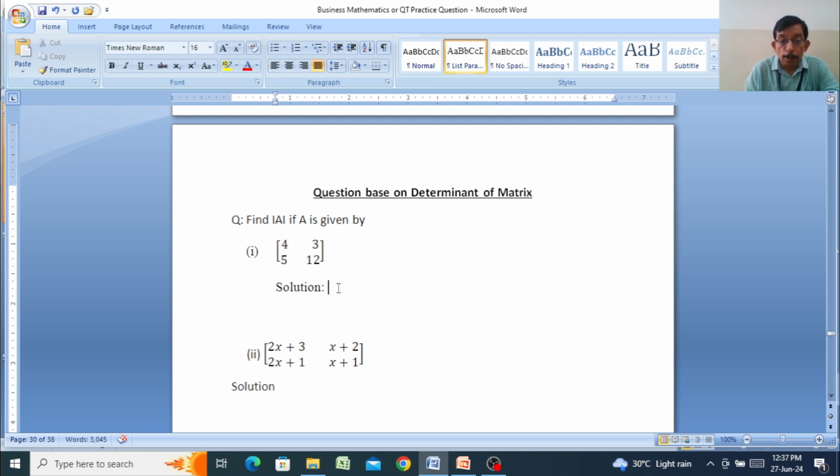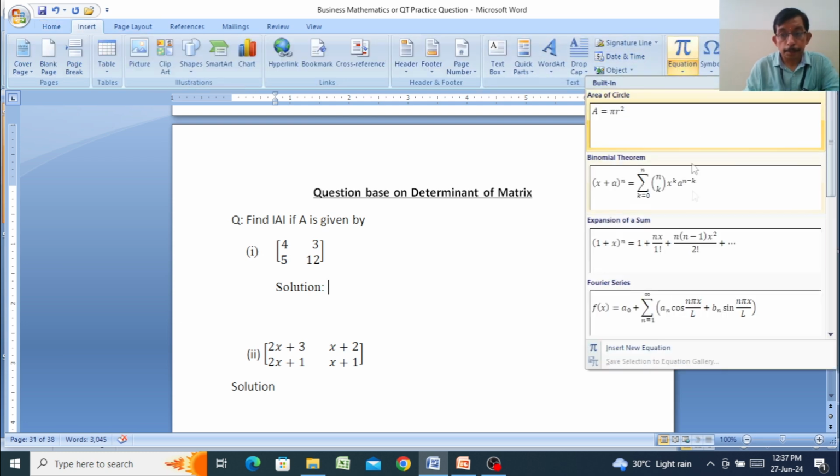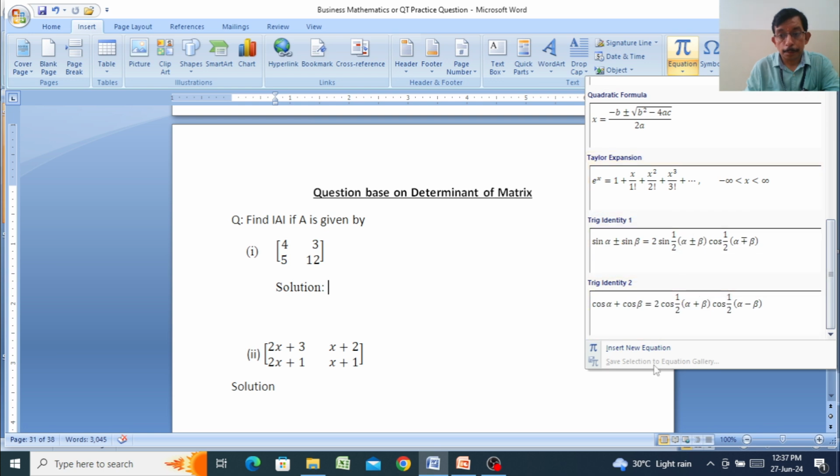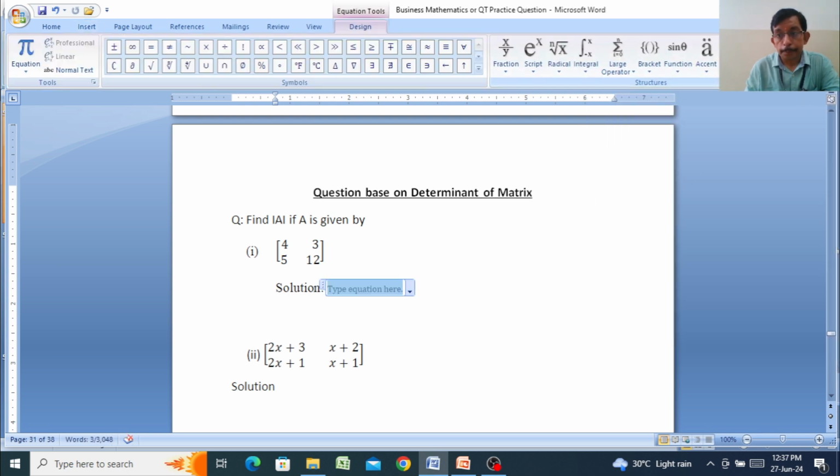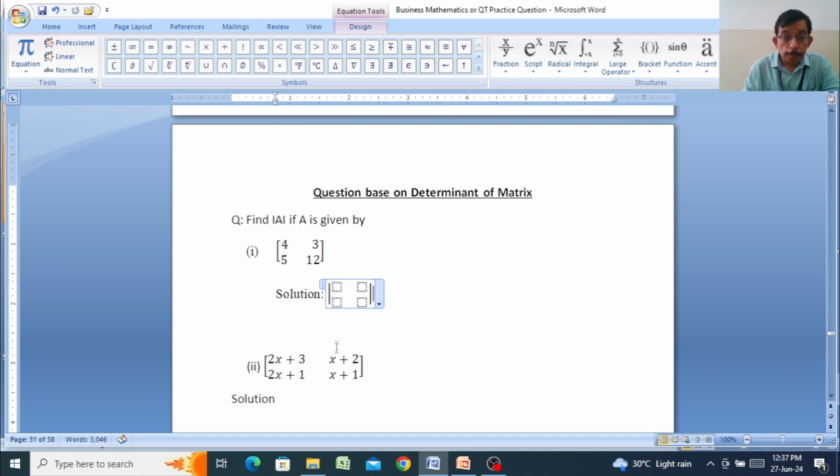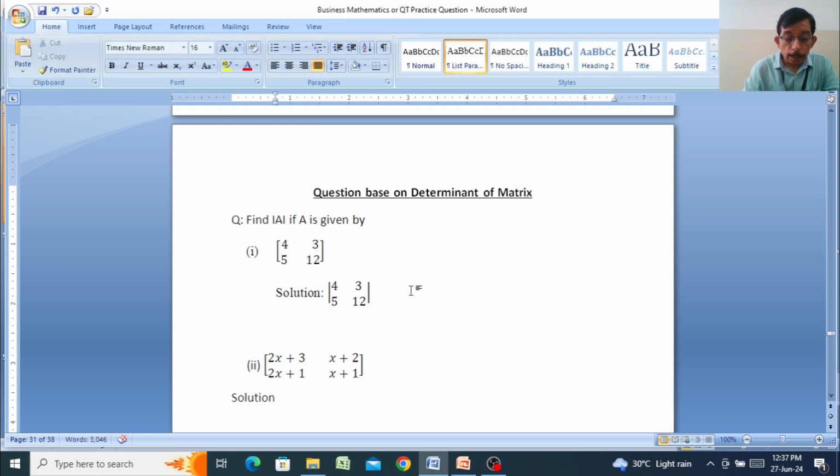First we form the determinant. The first element is 4, the second element is 3, the next element is 5, and then 12. The value of the determinant is the difference of the multiplication of the diagonal elements.